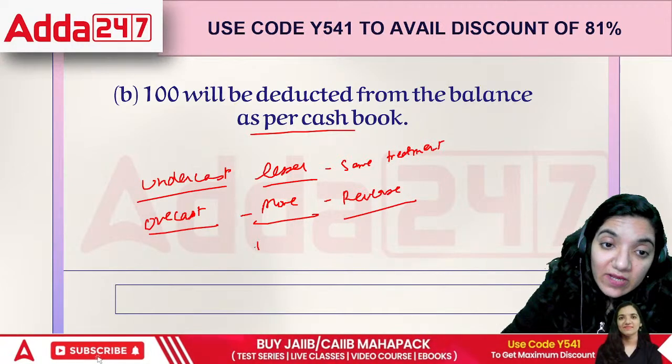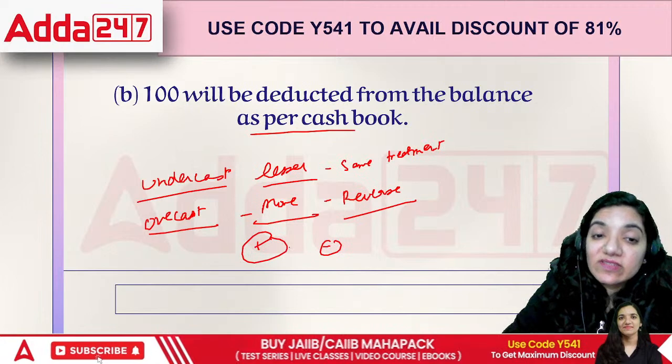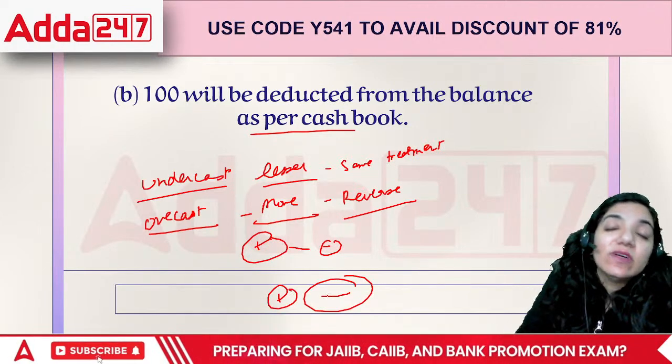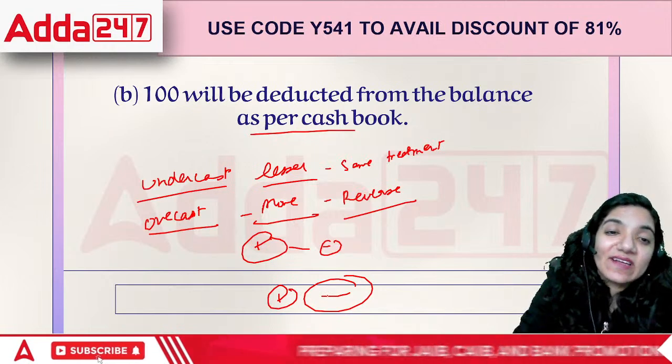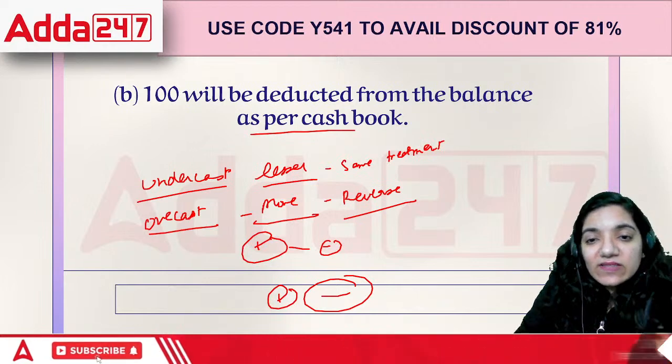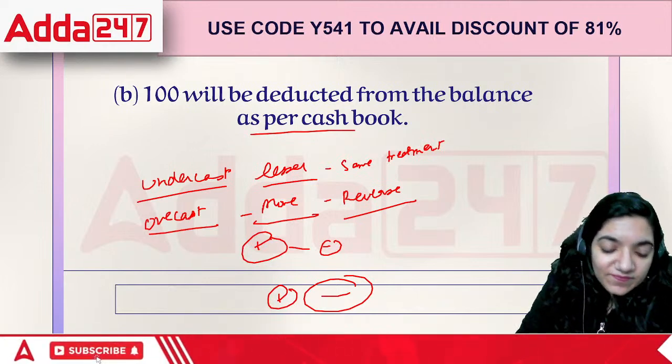So if we have done more plus, we will create a minus to cancel it. If we have created more minus, we'll create a plus to cancel it out. That is overcast. Right? That's how we specify this entire area.